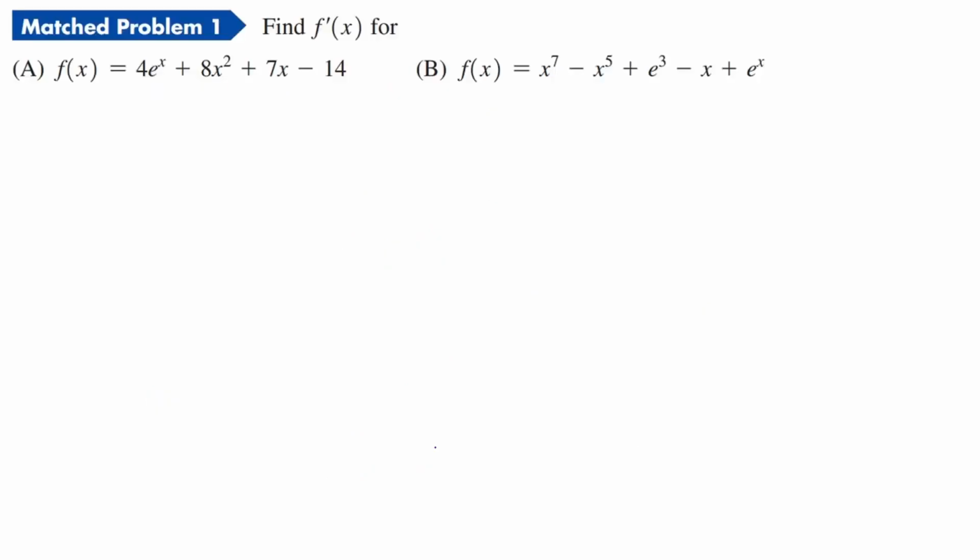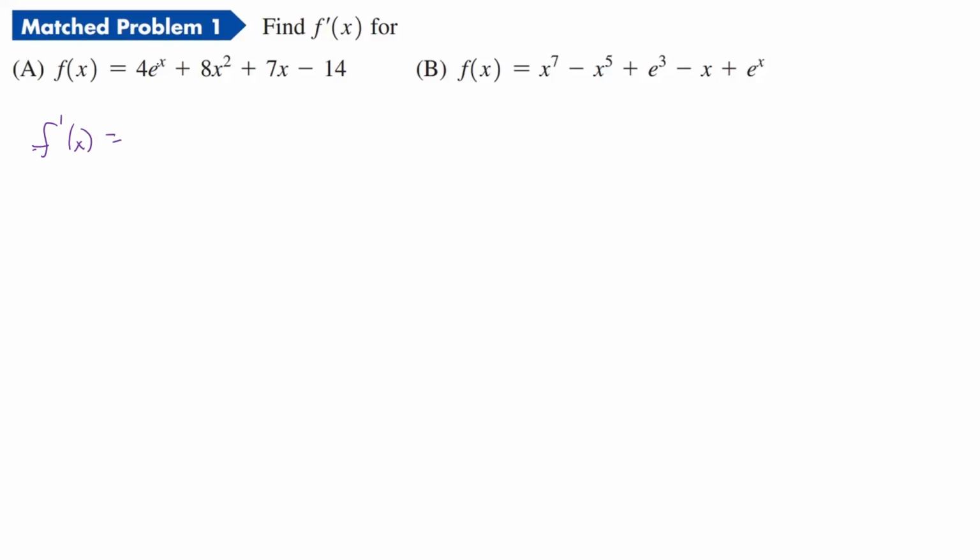And that's what we're going to use looking at some of these math problems here. So our first one is find the derivative of f of x when f of x is 4e to the x plus 8x squared plus 7x minus 14. And we're using the quick method. We don't have to use the four-step process here. We're just going to go straight to f prime of x. Okay, well, now we have a constant times this.